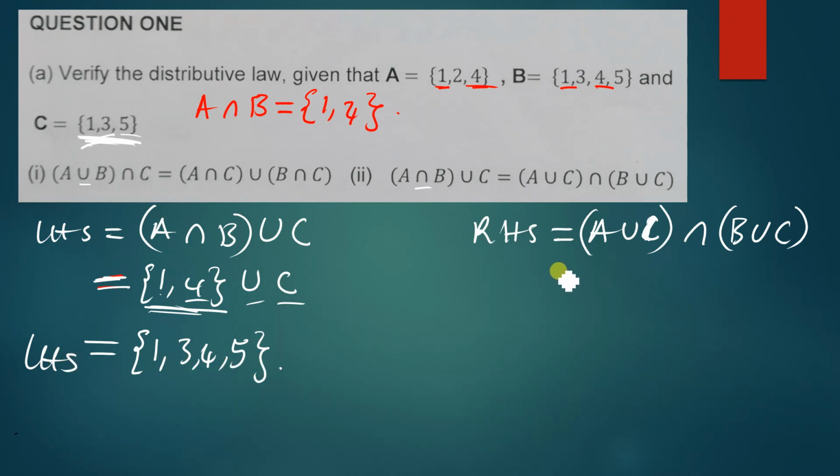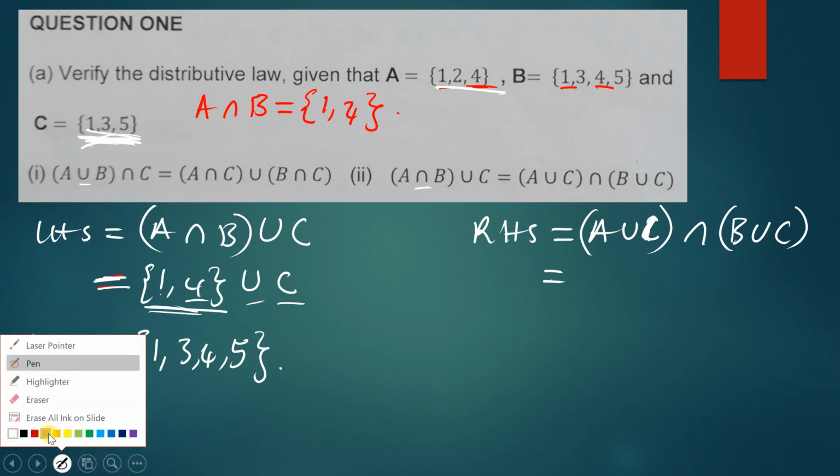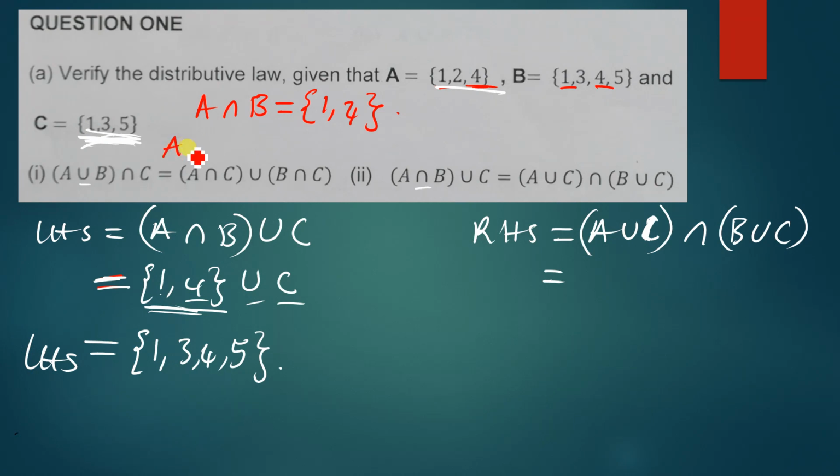Let us also find the value for the right hand side. For the right hand side, we also have to first solve what is in the brackets. In the first set of brackets, we have A union C. A union C means that we combine A and C. So when you combine A and C, we are going to have 1, 2, 4, and 1, 3, 5 put together.